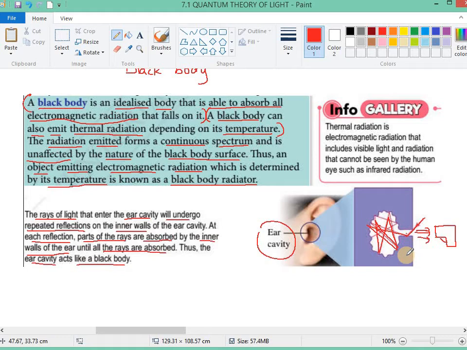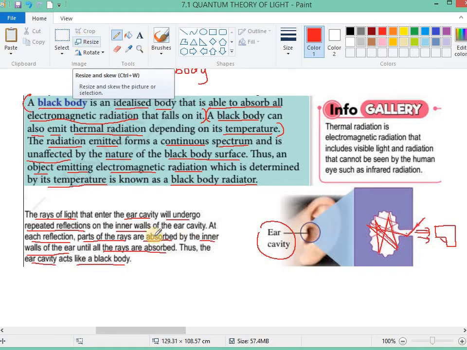We take it that the radiation emitted by the ear cavity comes from the energy that was absorbed just now. It absorbs energy and then releases back the energy as thermal radiation. So we say that the ear cavity is like a black body. But of course, I want to stress that there is no actual black body.